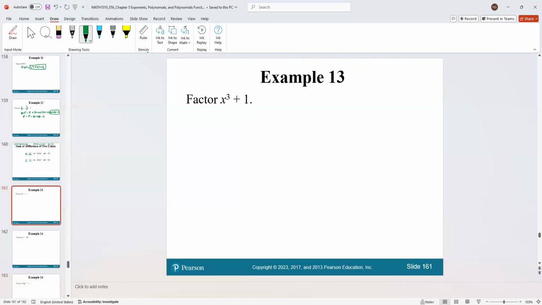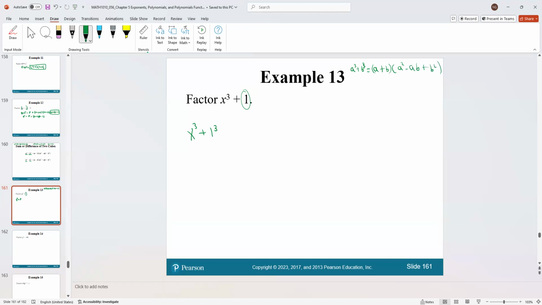Let's see these examples. Remember, I said every time you see 1, it can be raised to any power you want. So if I say 1 power 3, and we know if you have a cube plus b cube, this gives you a plus b times a square minus ab plus b square.